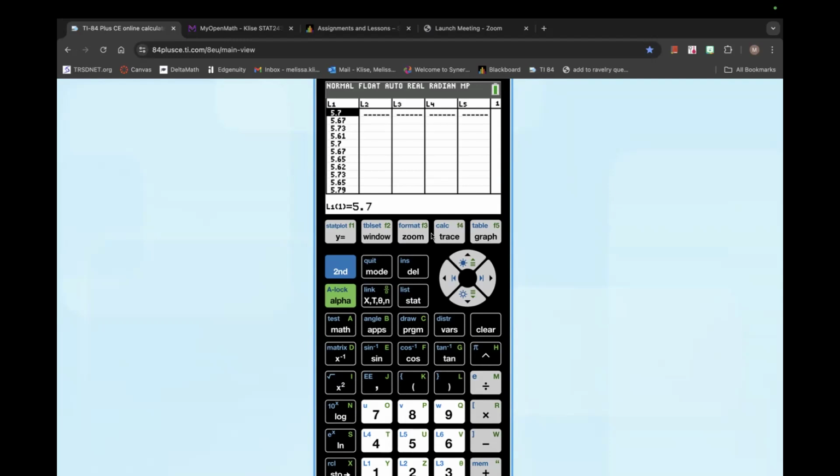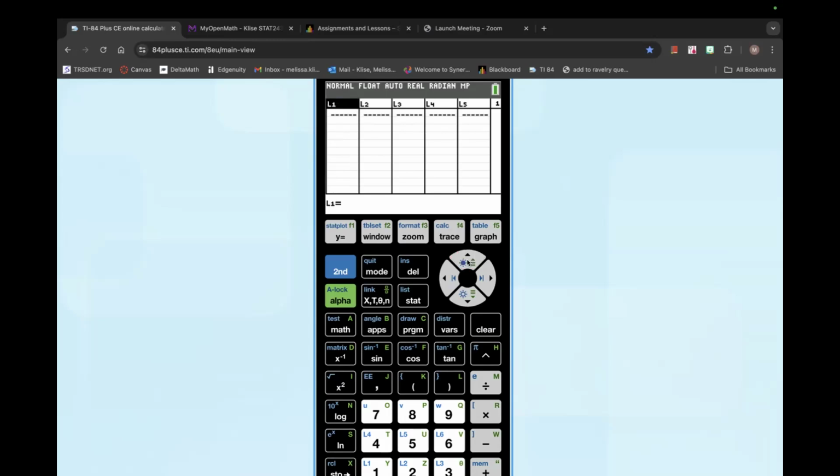Okay. So if you have data in your list, like right here, so notice my L1, which is what we're going to be using. That's list one. I have data in there right now. So I'm going to arrow up and highlight the L1. Then I'm going to hit clear, enter, and it clears the whole thing. Do not hit delete. Hit clear, enter.